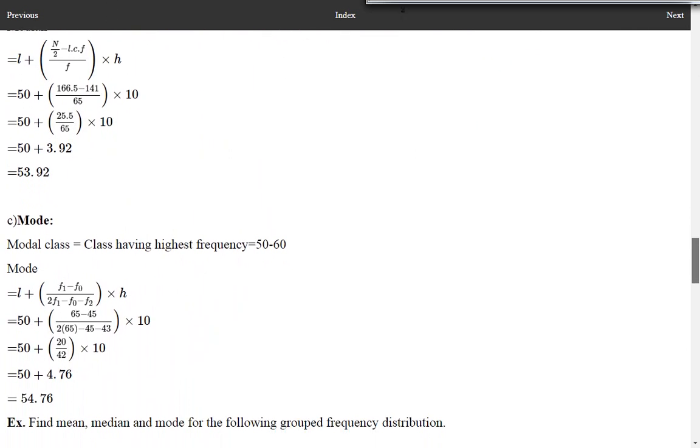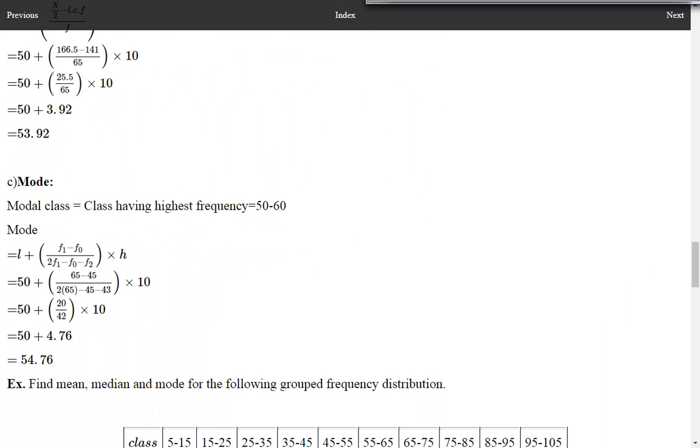Now use the formula for mode. Mode is given by the formula L plus F1 minus F0 upon 2F1 minus F0 minus F2 into H.